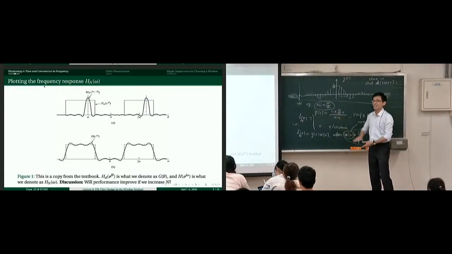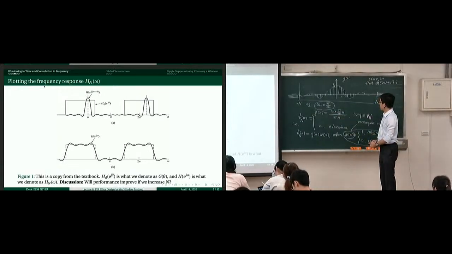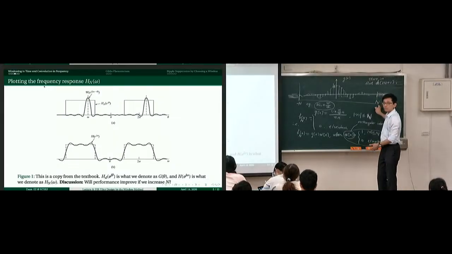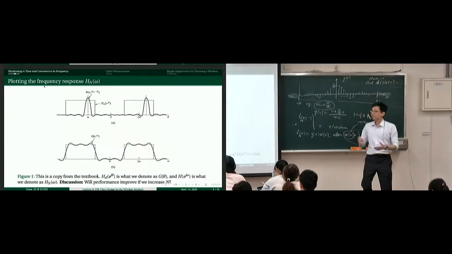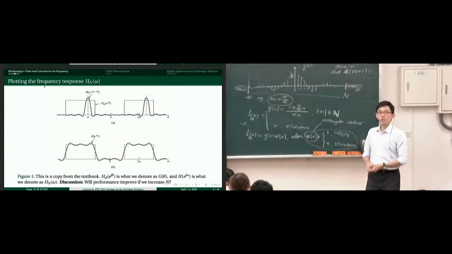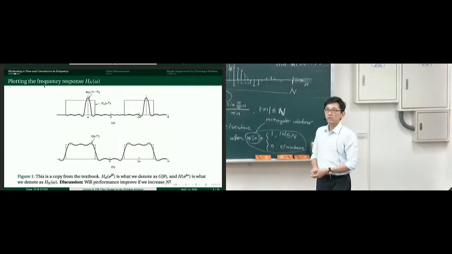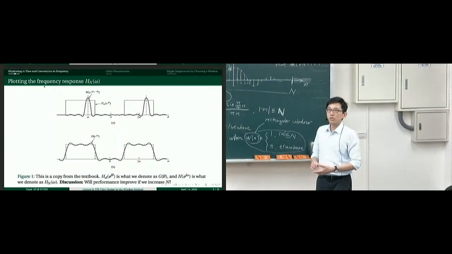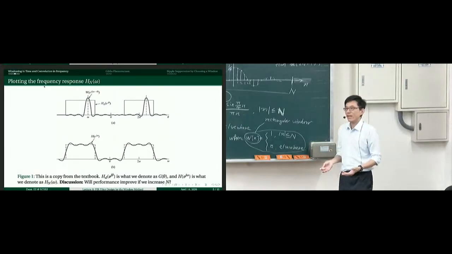Nicely chosen, a nice example. We want to design a low-pass filter with a cutoff at pi/4. How large of n should we pursue? Is n equal to 200 enough? Is n equal to 500 enough? Or n merely needs to equal 32 or 8 or something?